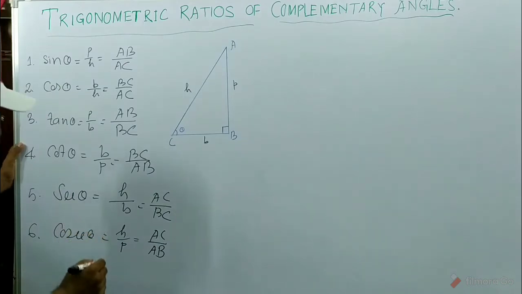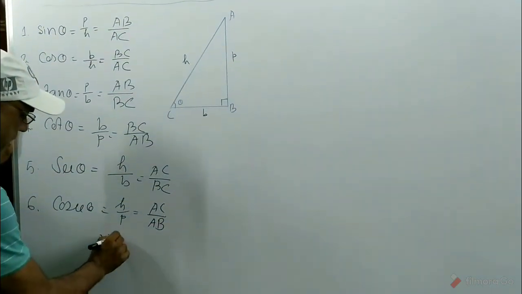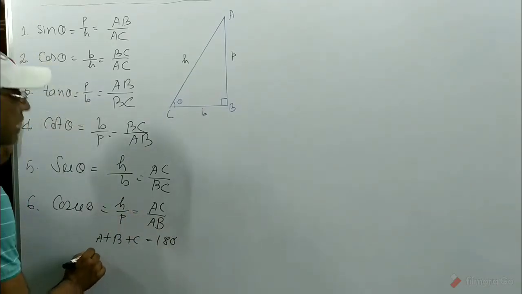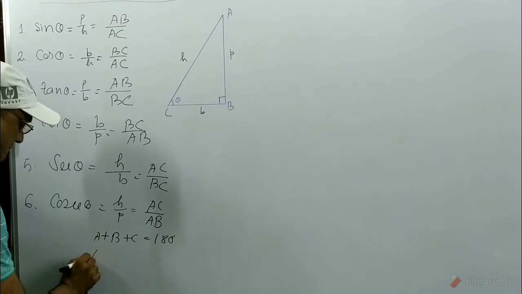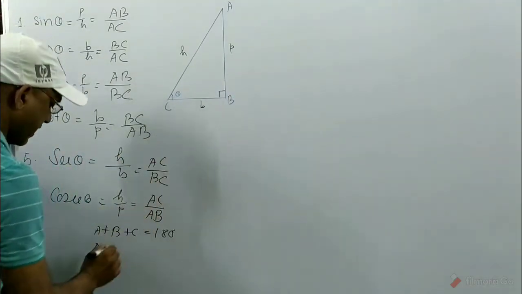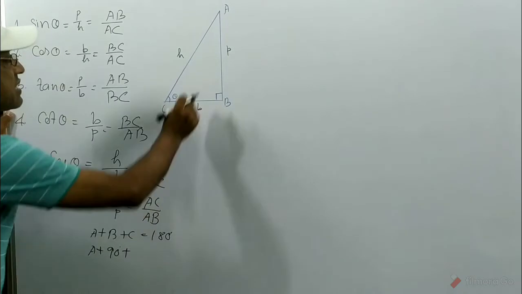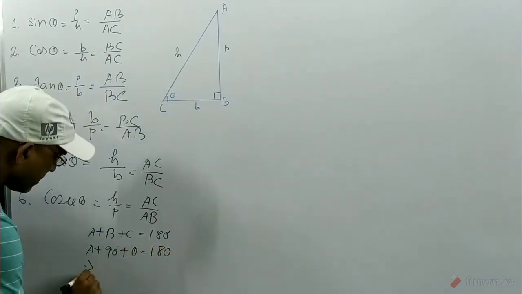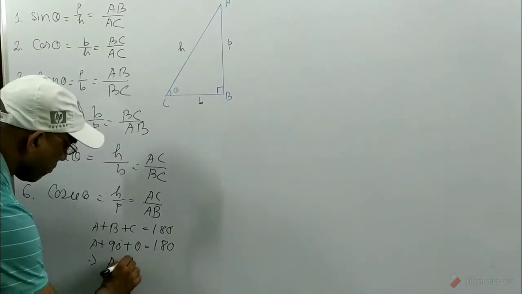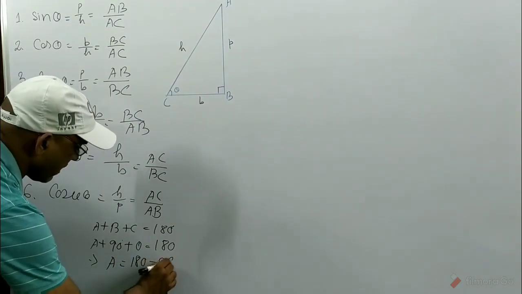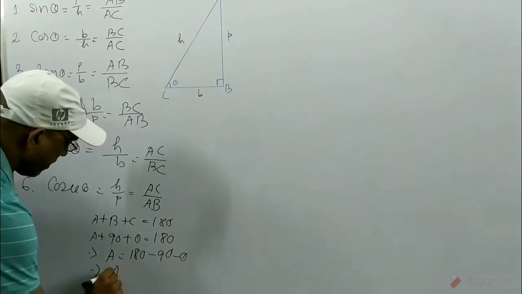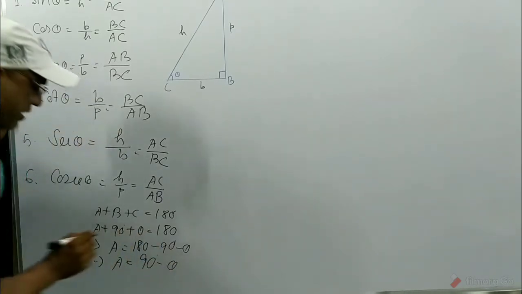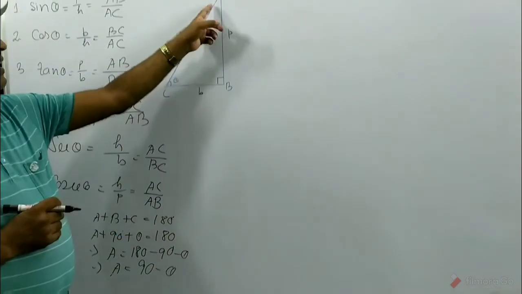Since A plus B plus C equals 180 degrees, A equals 180 minus 90 minus theta, which gives 90 minus theta.